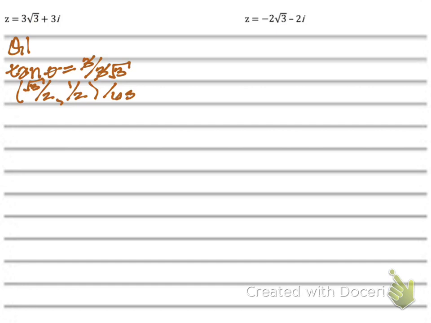And my over 6 in quadrant 1 is pi over 6, right? And then to look at r squared, let's see, 3 root 3 squared. 3 times 3 is 9, times 3 is 27, plus 9, which is 36. So r is 6. So z is 6 cis pi over 6.